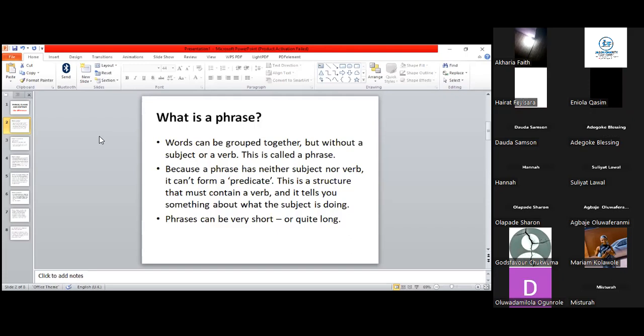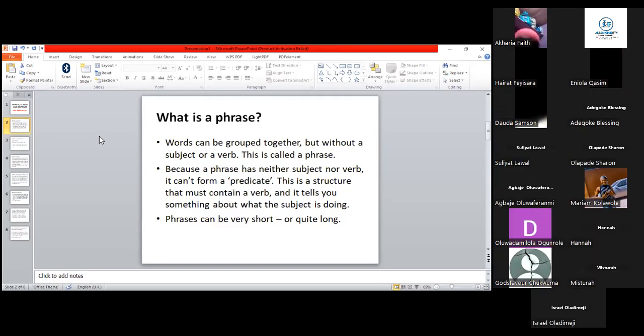Otherwise, I can say that a composition in which there is no identification of a subject or a verb is what we call a phrase. And because a phrase has neither a subject nor a verb, it can't form a predicate.